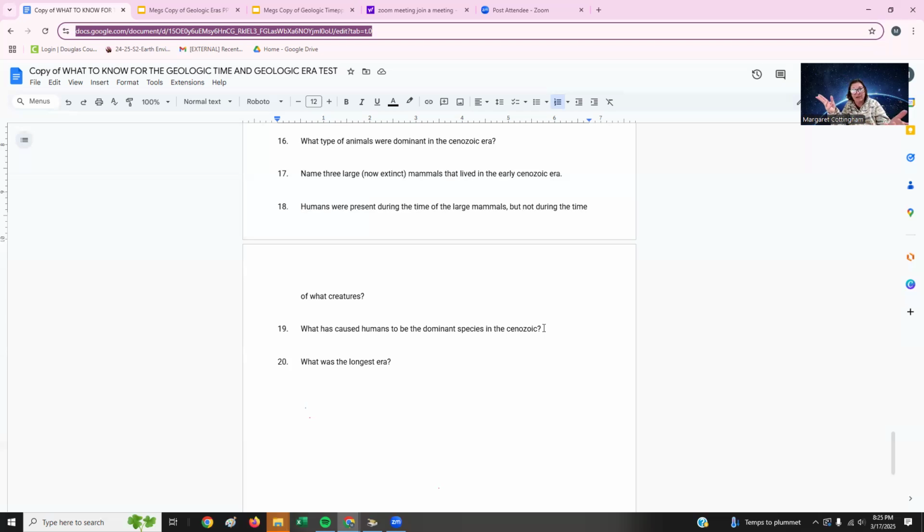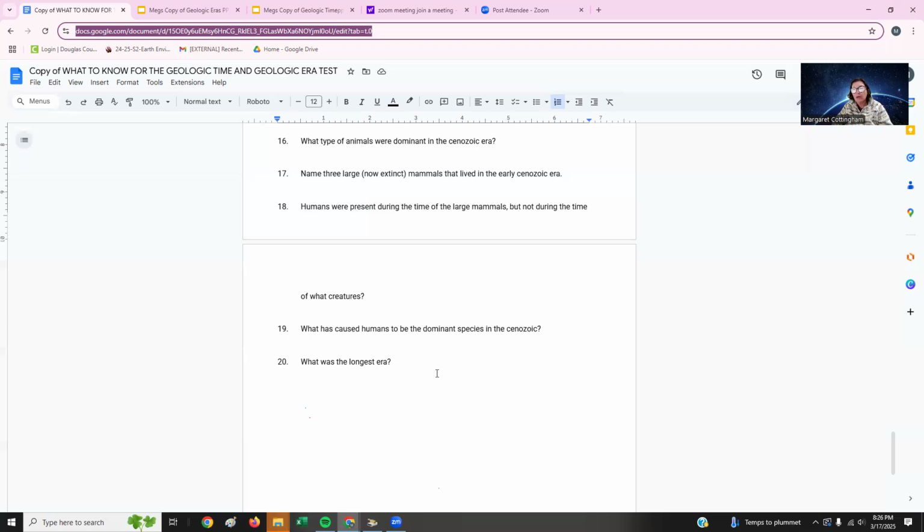Besides the great apes, that's the only two that really, maybe some little rodents, but we can grab, we can make tools, we can build. Our brain developed differently. But I really think our opposable thumbs are what caused us to be one of the most dominant species, personally.